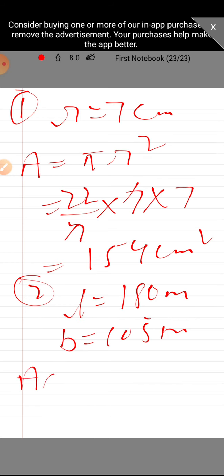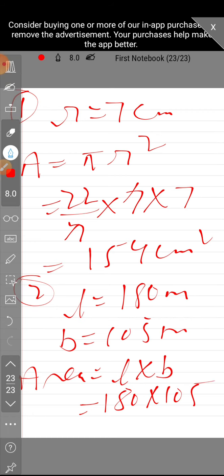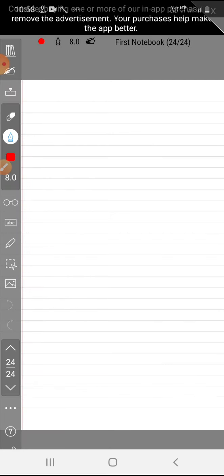So area is equals to length into breadth. So 180 into 105. Now on multiplying we get area is equals to 18900 meter square.